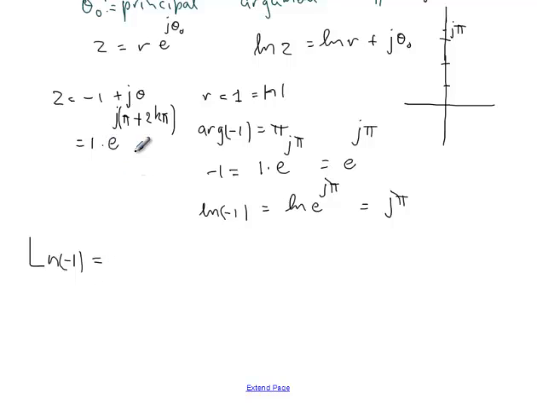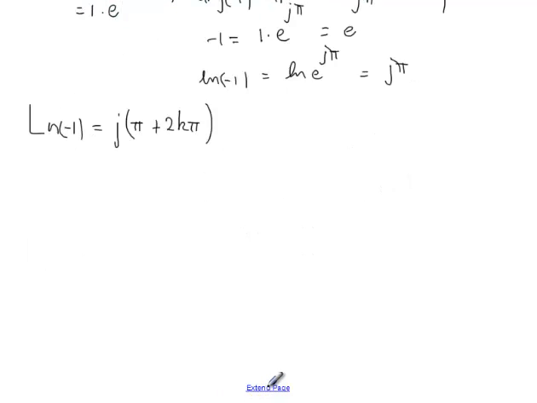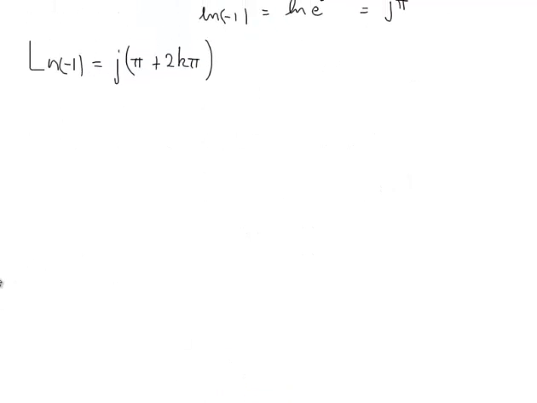Now, if you calculate the logarithm, it will be j brackets pi plus 2k pi. That is as a set of numbers. Now, let's start at k equals to 0. What are we going to get here? We're going to get j pi.